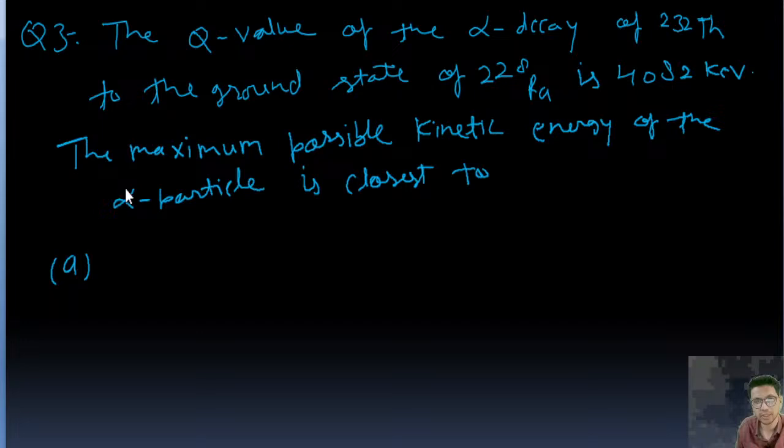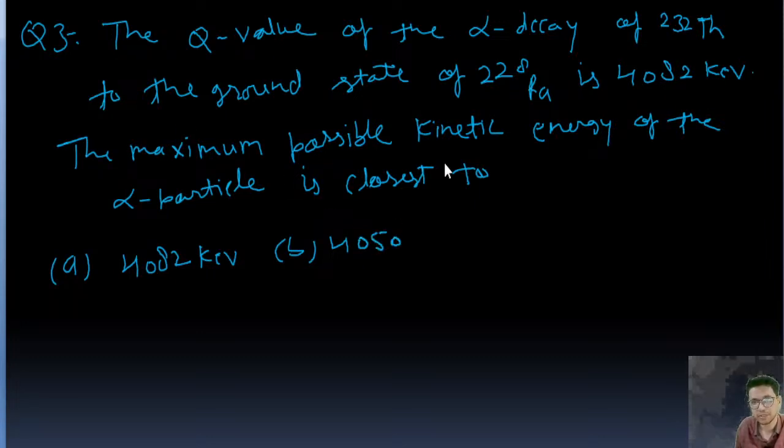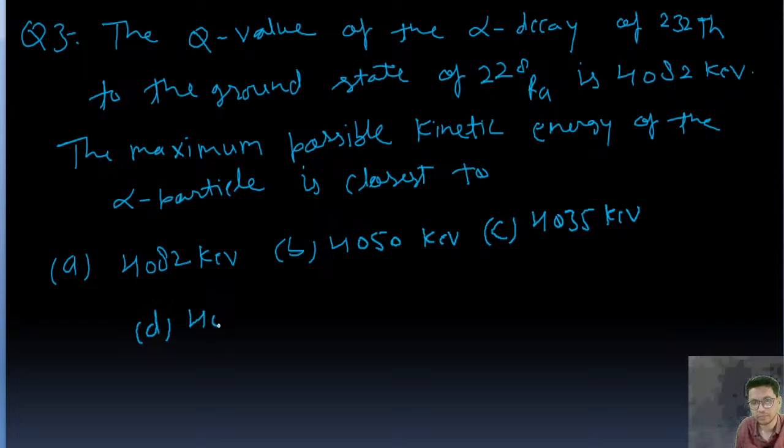Options are: option A, 4082 keV. Option B is 4050 kilo electron volt. Option C is 435 kilo electron volt, and option D is 4012 kilo electron volt. Okay, so this is the question.